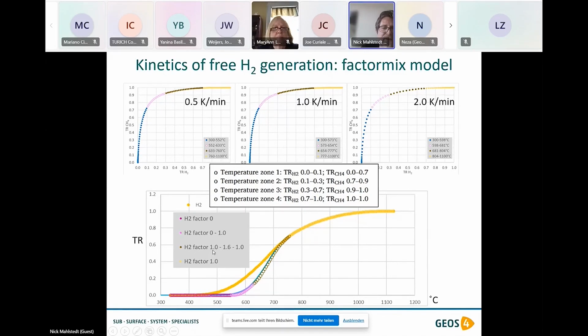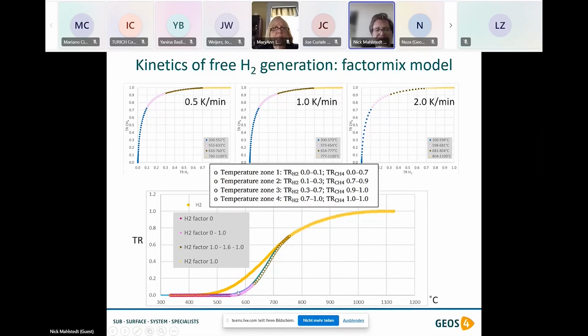And here we multiply the hydrogen yields by 1, increasing to 1.6 at the Tmax value, and then decreasing again to 1.0. In the fourth temperature zone, zone 4, we have no methane generation at all, and only hydrogen is generated, so we can multiply by 1.